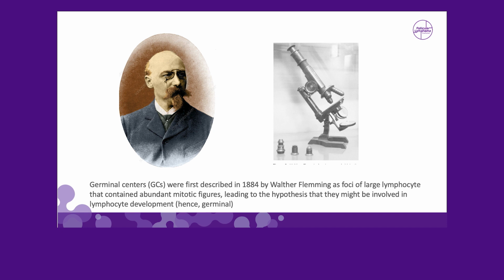And at that time, he noticed that the germinal center is composed of cells with high mitosis rate. So he suggested that this is the origin of B cells, of lymphocytes, and from here the term germinal center, which you know this is not true, but he is the one that identified this germinal center.